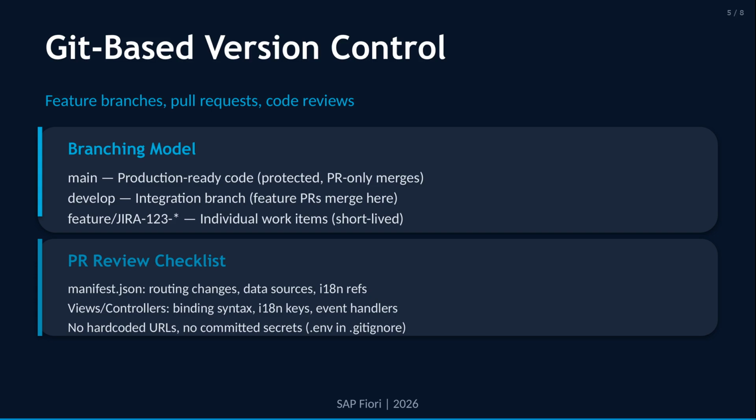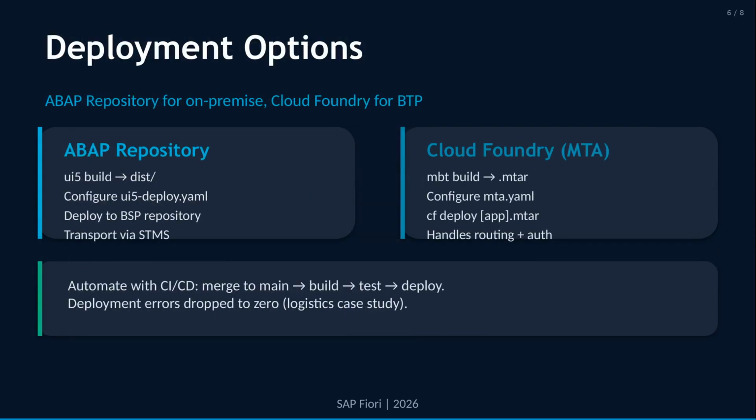Also, add a .gitignore file that excludes node_modules, the dist folder, and any local configuration files with system credentials. SAP Business Application Studio has built-in Git integration, or you can use the command line. The point is, when your app is ready, you need to deploy it to where users can access it.